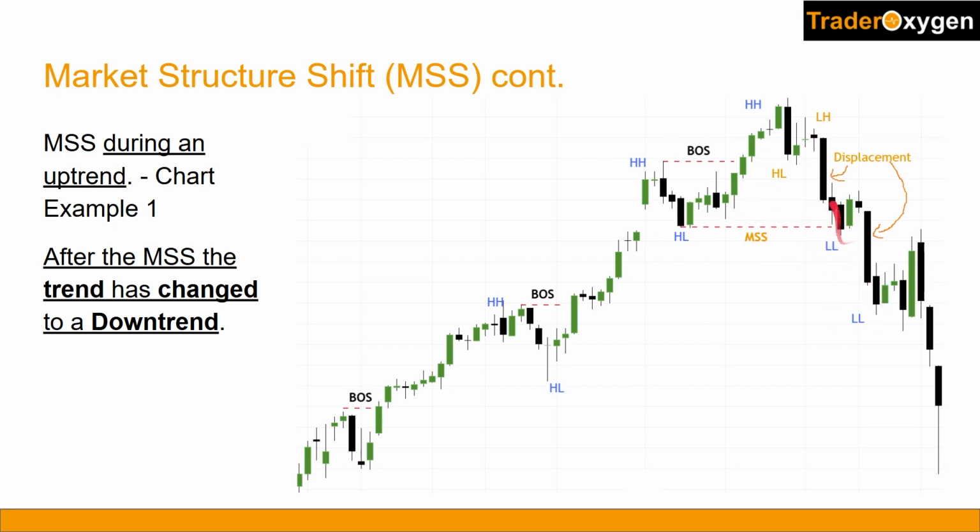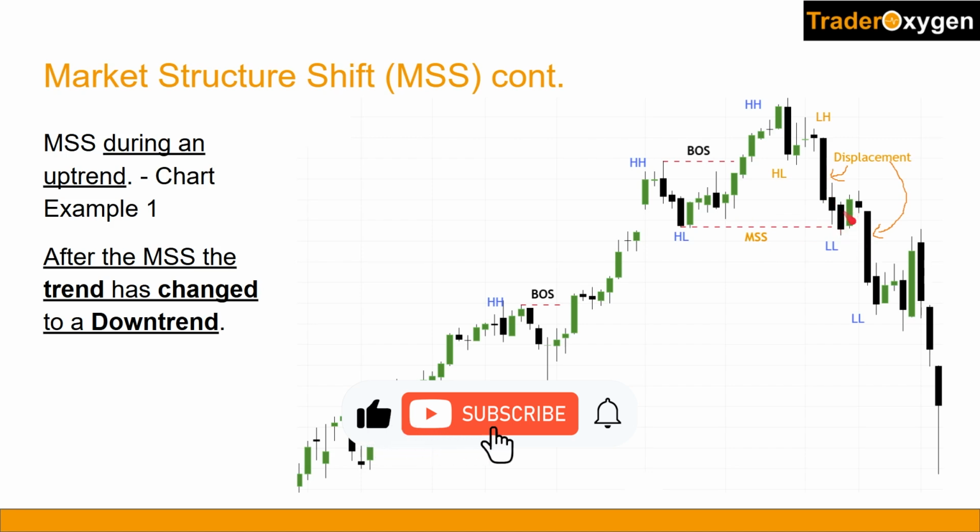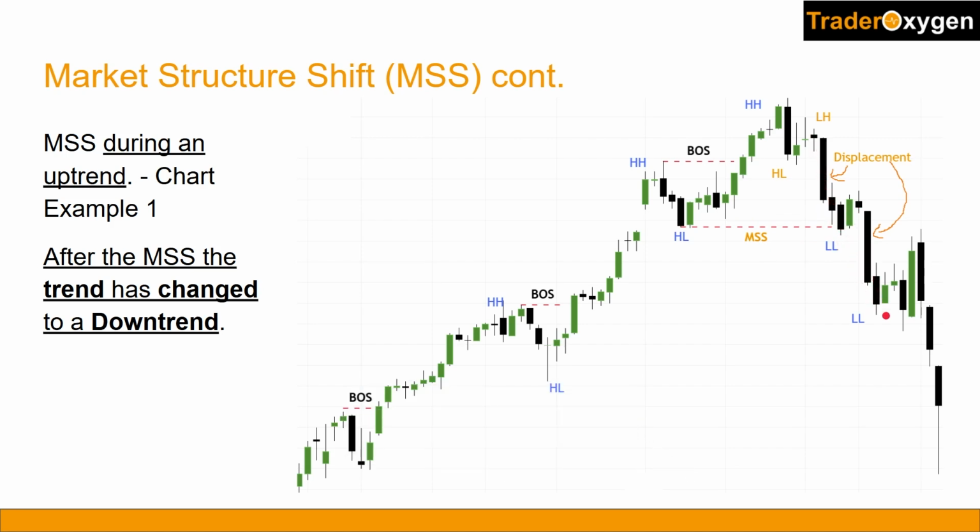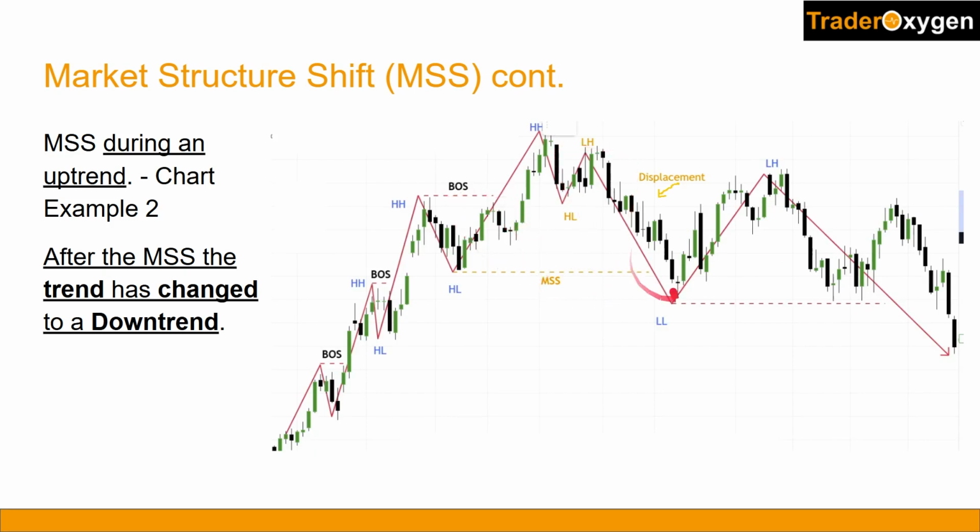So if you think this is not strong enough, you can consider this whole move from here to here as the displacement, right? Like this whole thing. And then after this displacement and the market structure shift is broken, in this retracement over here, you can sell.